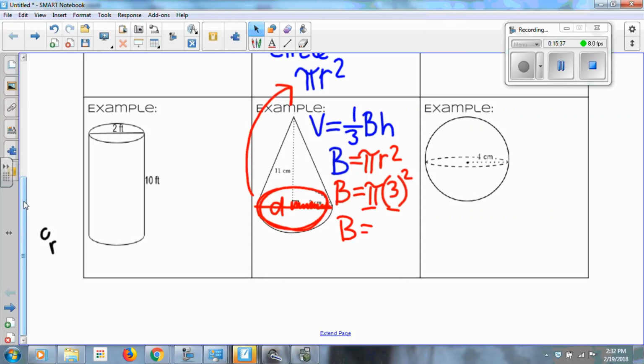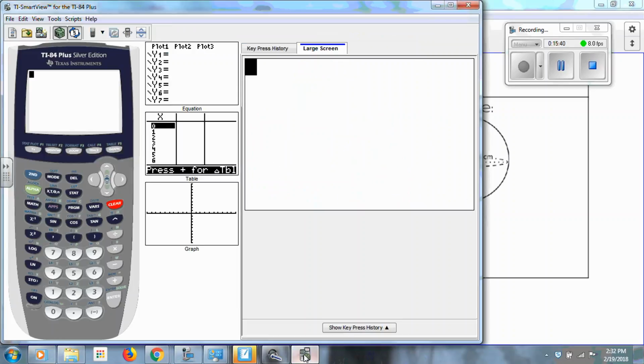Pi times 3 squared. So you'll go to your calculator. We can just use 3.14, because that's what pi equals. There we go. Times 3.